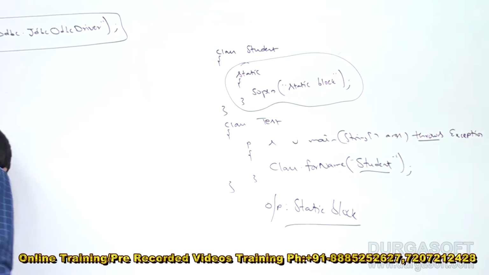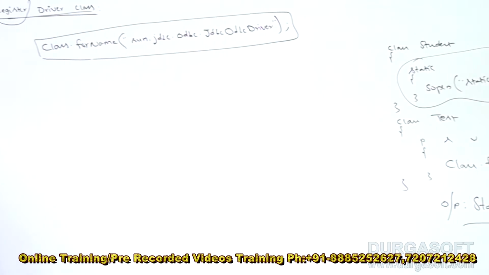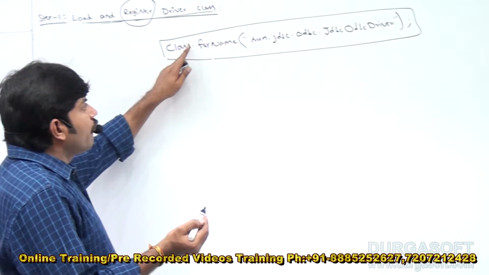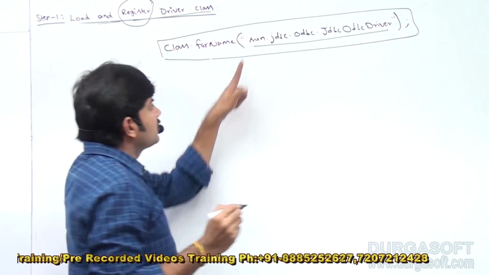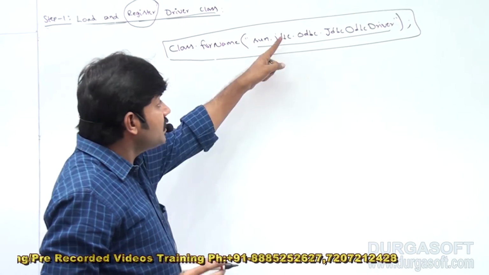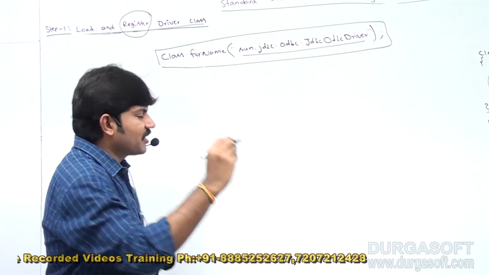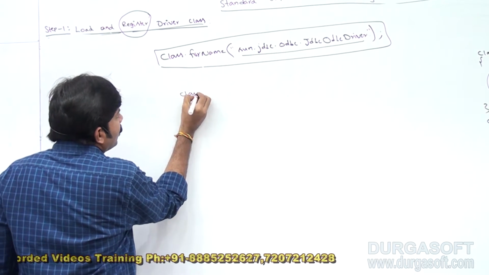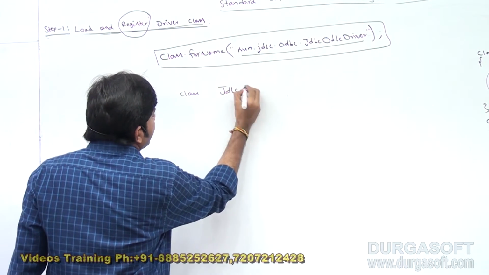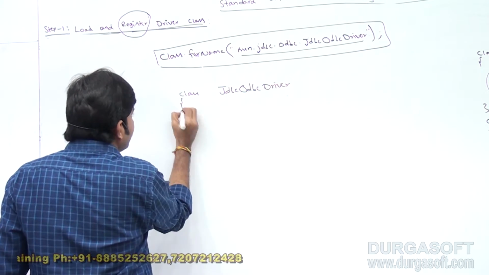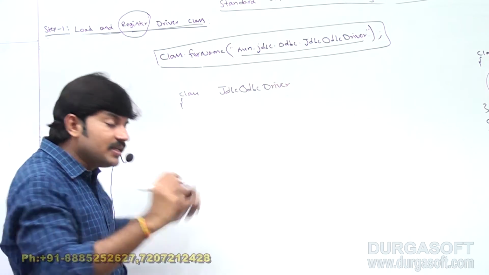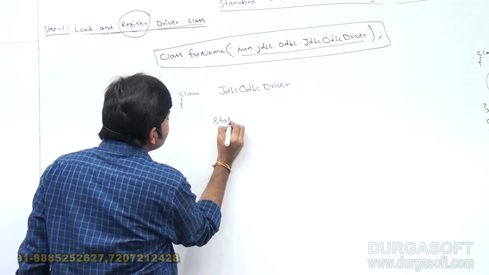Here I want to use this point for our JDBC application. Whenever we are loading the driver class, inside the driver class there is a static block. Take the JDBC ODBC driver class. It is a driver, it's a class. Inside this class there is a static block.